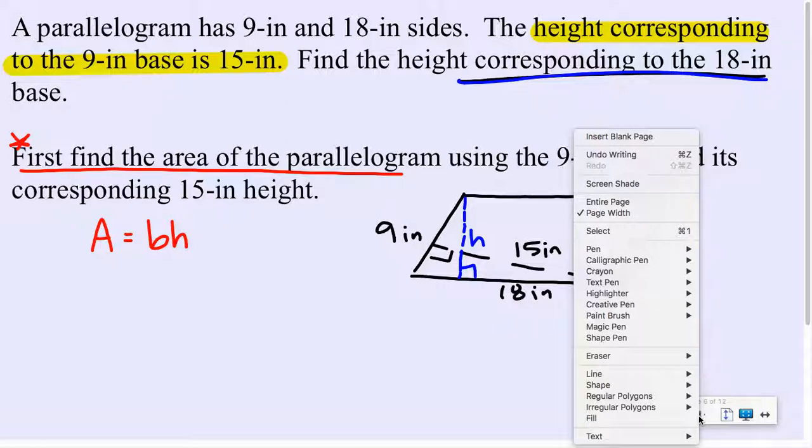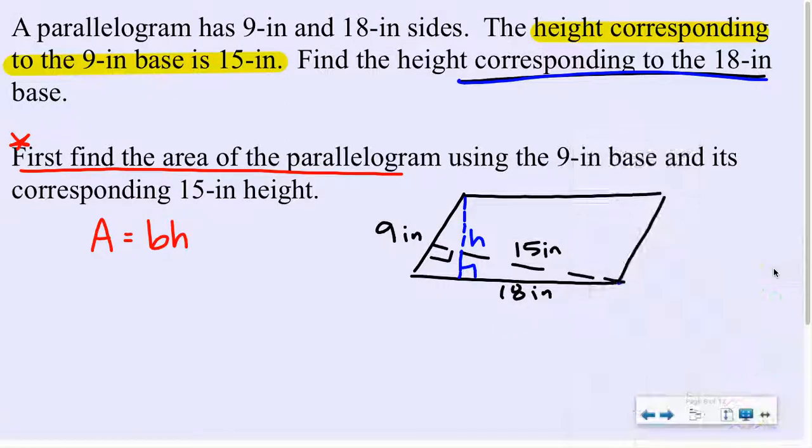Because it's a known value. So 15 is perpendicular with the 9-inch side or the 18-inch side? 9-inch side. So according to this formula, area equals base times height, I should be able to say the area of this is 9 times 15. Do you agree? Mm-hmm. And that would give me an area of 135.